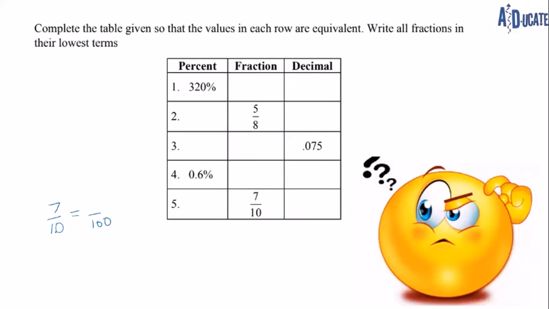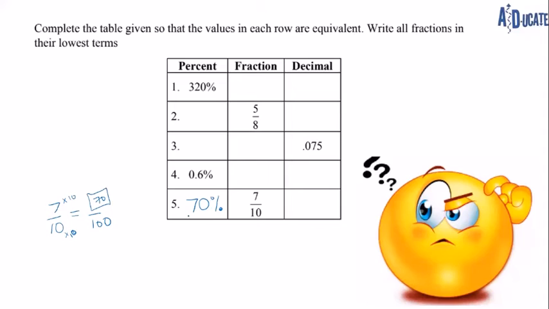In order for our denominator 10 to become 100, we would multiply it by 10, and then we do the same to our numerator. So our new numerator becomes 70. So 70 over 100 is the same as 70%.